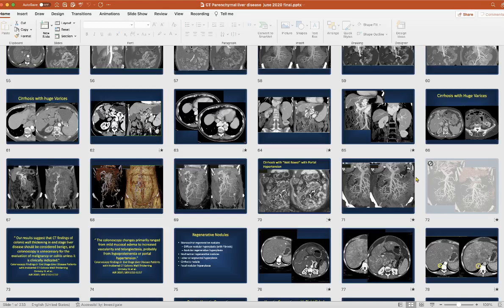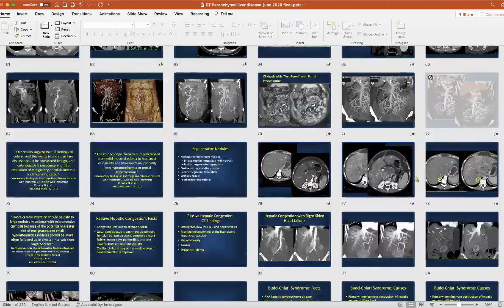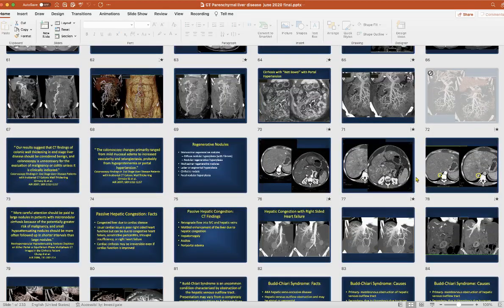When they're multiple, then you say, do I have multifocal hepatoma or regenerating nodules? Then it's usually easy to make the right diagnosis. Regenerating nodules are shown on both arterial and venous phase, and interestingly, they seem to be larger on venous phase. They're typically small lesions, and they're typically multiple. A good example is a case in the middle of the screen, which is Budd-Chiari. So it's something always to consider.